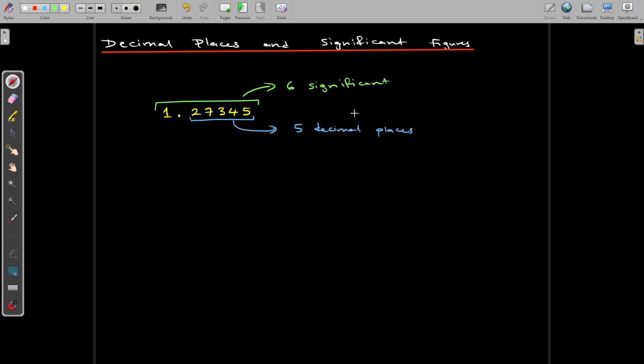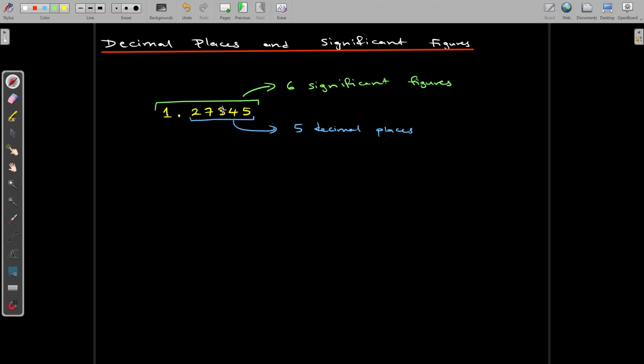We'll get to the table with the rules shortly, but there are some rules that govern significant figures. But all non-zero digits are significant.